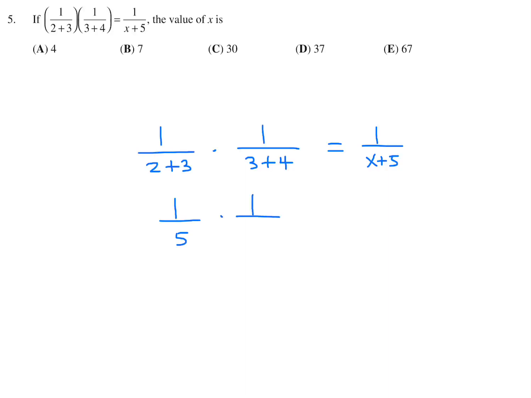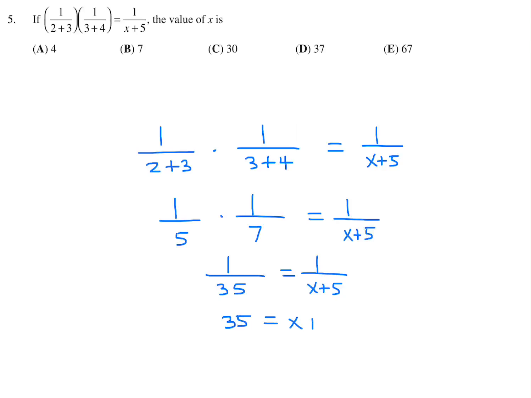Then 1 over 3 plus 4 is 1 over 7. And we've got 1 over x plus 5. So this becomes 1 over 35 is equal to 1 over x plus 5. Flip them, and you get 35 is equal to x plus 5, and therefore x is equal to 30. So 5, the answer is C.